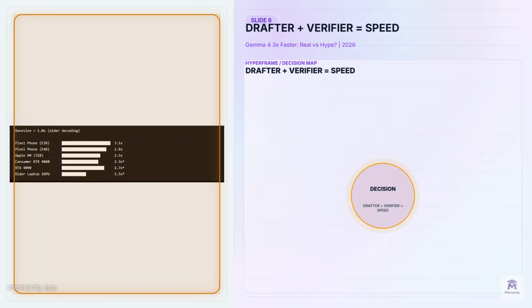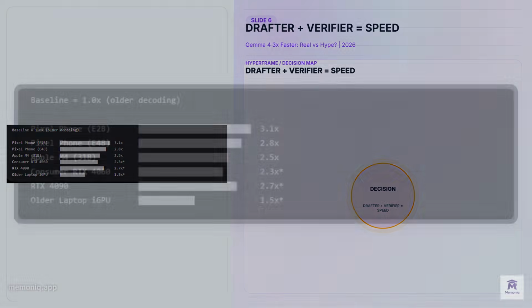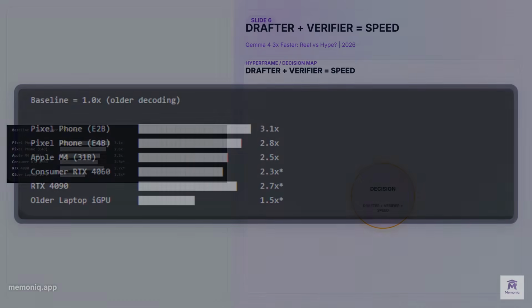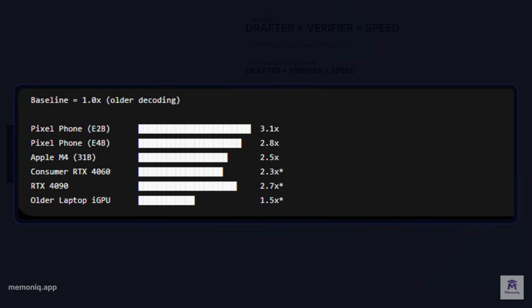This isn't a faster GPU or a smaller model. It's a completely different way of generating text. So how does this actually work? Because if you're going to use this, you should understand what's happening under the hood, not the math, but the logic.